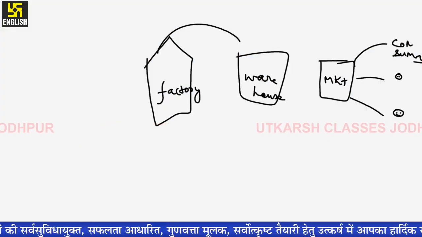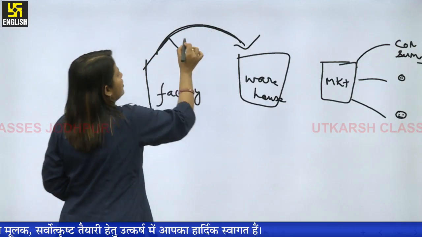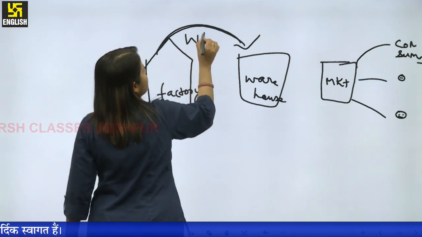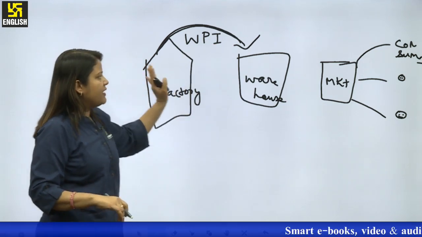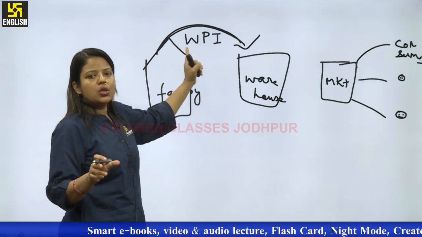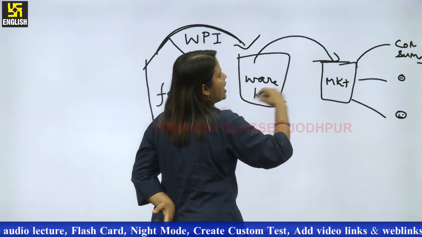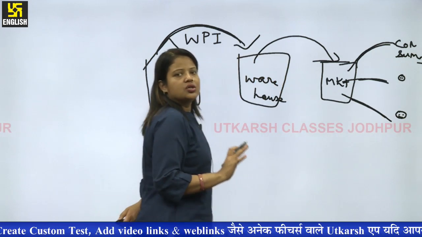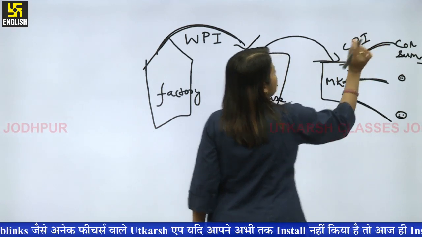If the product goes from the factory to the warehouse, we measure the change in the price of that product with the help of the wholesale price index. But from the warehouse it goes to the market, then to the retailer shop, and from the retailer shop it goes to the consumer. So here we measure the change in prices with the help of the consumer price index, right?